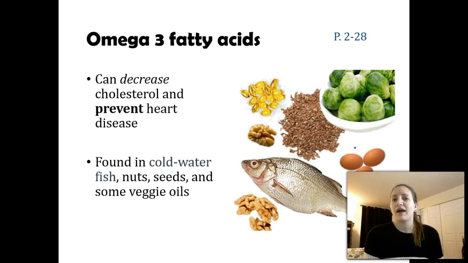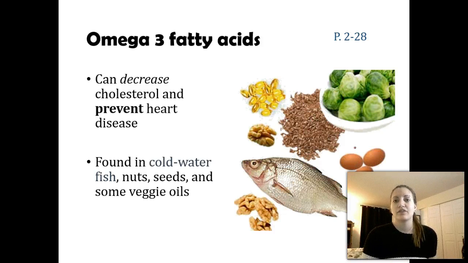So you can find these omega-3 fatty acids in quite a few things, and some things you may not have even expected. So they're found in specific fish, so cold water fish. If you recall when we talked about overfishing, I talked about menhaden. Menhaden's where we get all of our fish oil from. Fish oil is jam-packed with omega-3 fatty acids. Nuts, seeds, some vegetable oils also have omega-3 fatty acids.